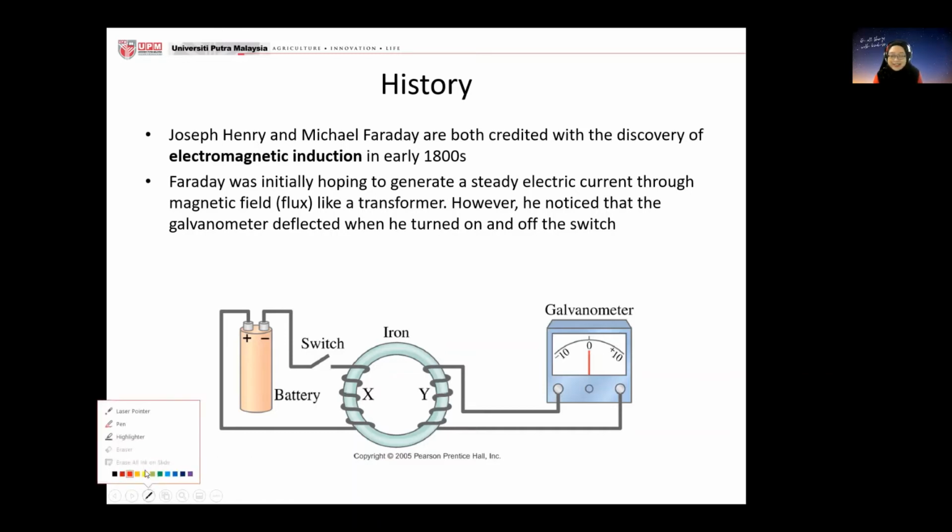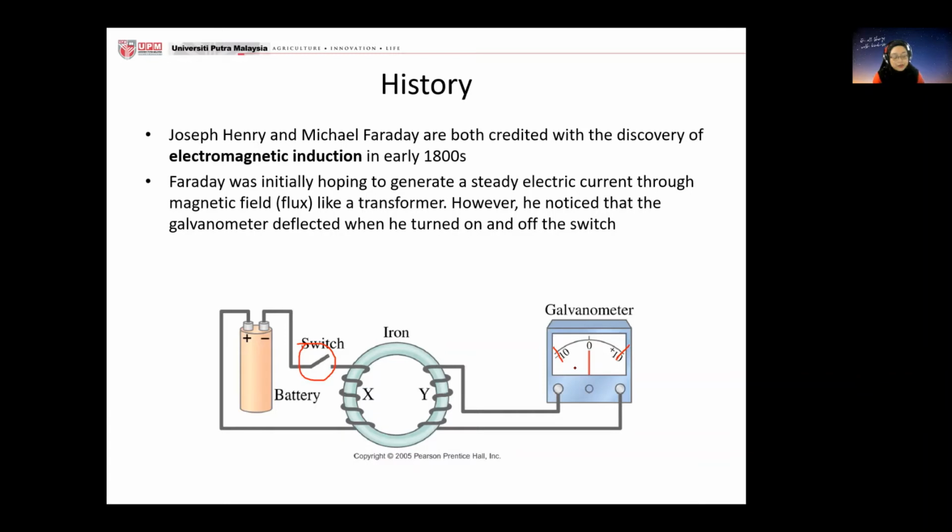So 1 second here and then another second there, but that only happens when the switch was turned on and off. In between, the current is 0. There's nothing.